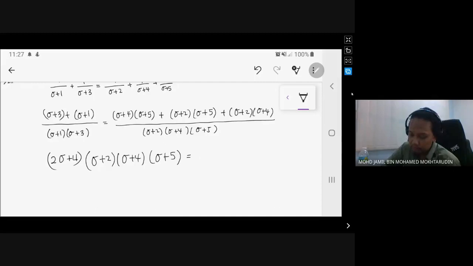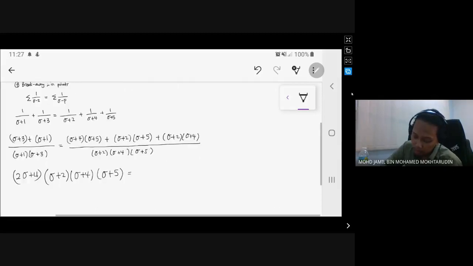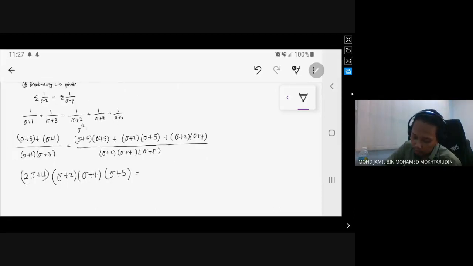It equals, this one you get sigma square plus 9 sigma plus 20, sigma square plus 7 sigma plus 10, sigma square plus 6 sigma plus 8. Okay, simplify kan, you get 3 sigma square plus 22 sigma plus 38.